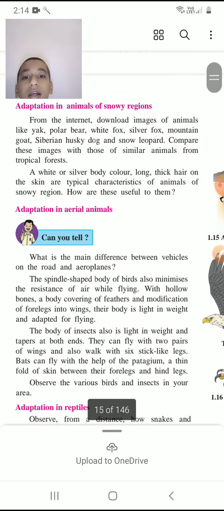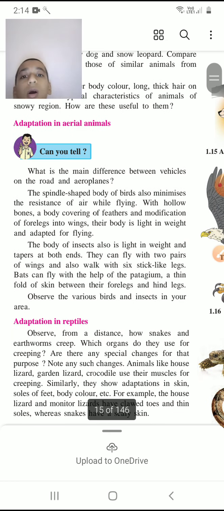Adaptation in aerial animals. Can you tell what is the main difference between vehicles on the road and aeroplanes? The spindle shaped body of birds also minimizes the resistance of air while flying, with hollow bones, a body covering of feathers, and modification of forelegs into wings.